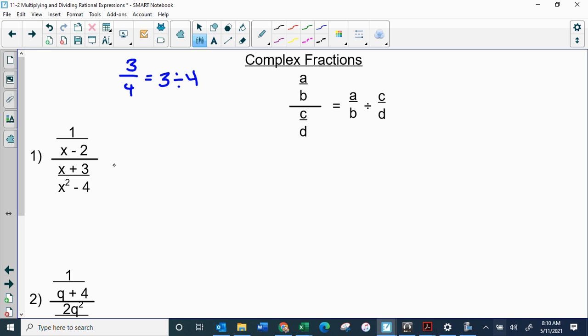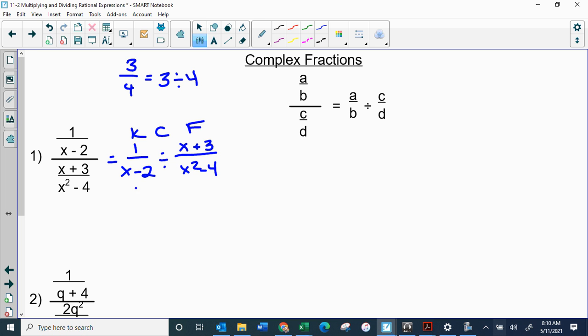So this can be rewritten as 1 over x minus 2 divided by x plus 3 over x squared minus 4. And then we're going to do keep, change, flip.